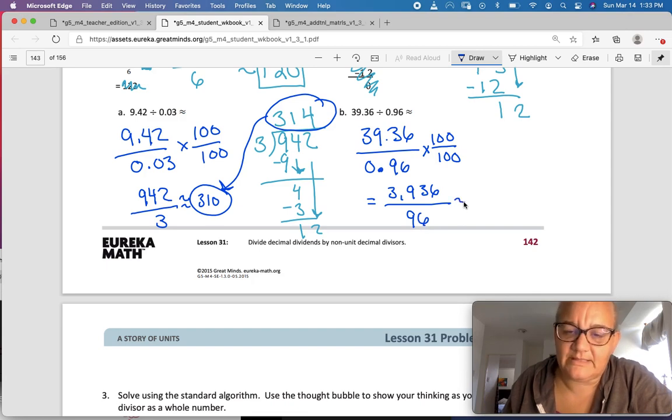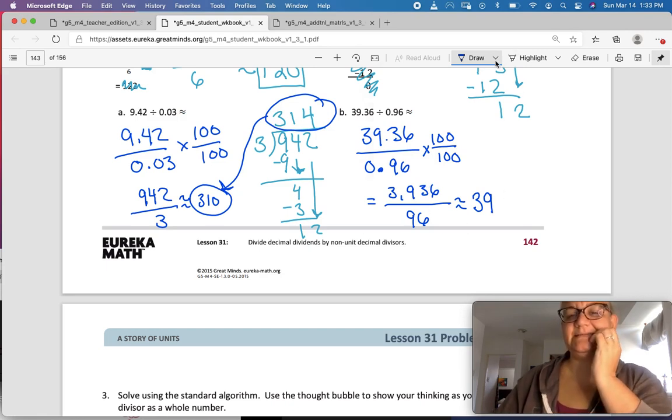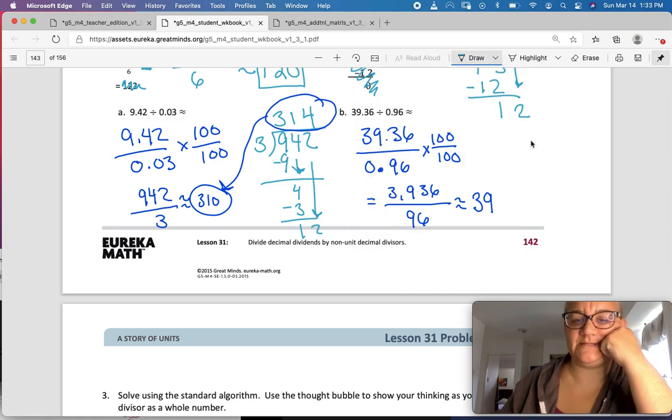Okay, well, let's see. 96 is almost 100, right? So 100 would go into 3,900 39 times, right? So let's just go with 39 as our estimate. If this were rounded to 100 and this was 3,900, our estimate would be 39. So let's see how close we get to 39.